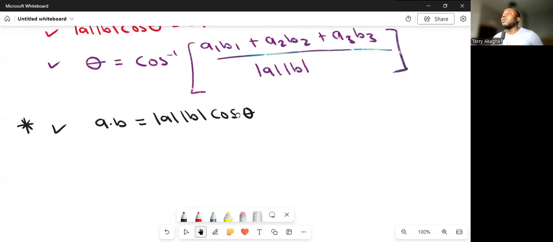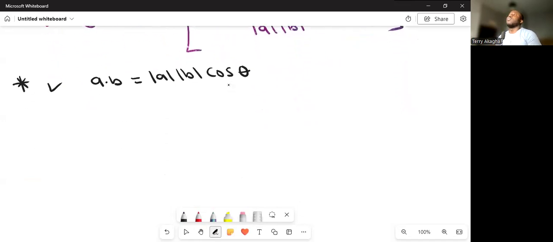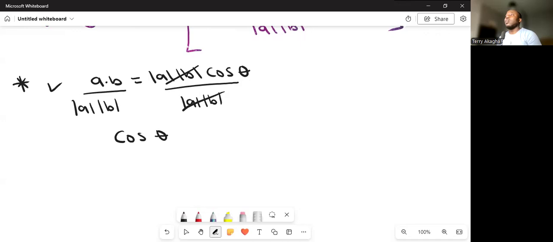So from this point, we can now find theta. What we do is divide both sides by the magnitude of A and the magnitude of B. So this is going to cancel that, and we're going to have cos theta equal to A dot B divided by the magnitude of A and the magnitude of B. This is in a situation where you are given the dot product itself, the magnitude of A and the magnitude of B, but we're looking for theta.